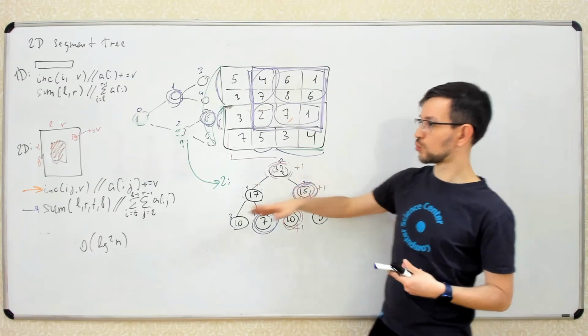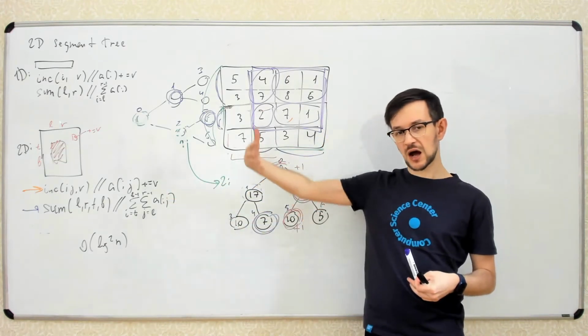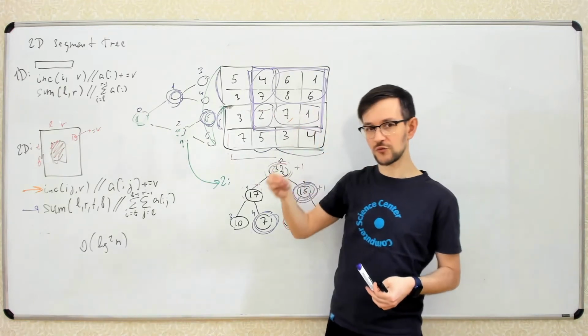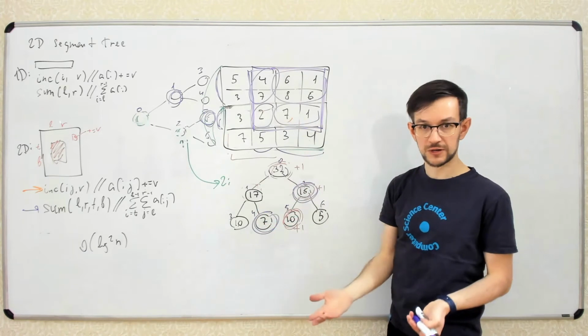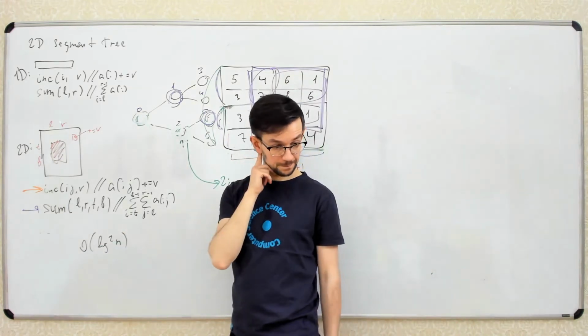And again, to apply these two operations, you need to make a request in this outer third segment tree, and inside each node, you make this two-dimensional request. So the total time complexity will be log cubed.